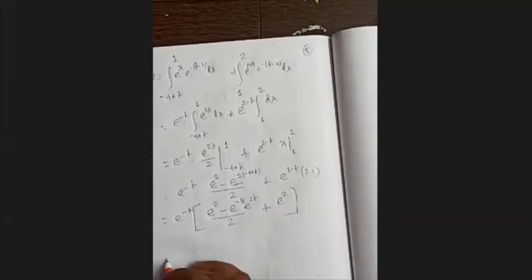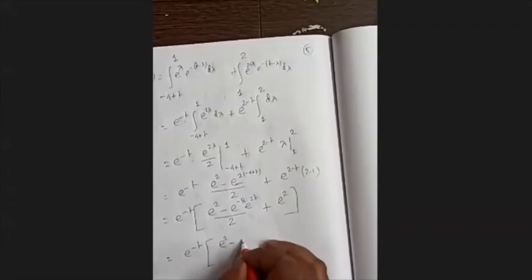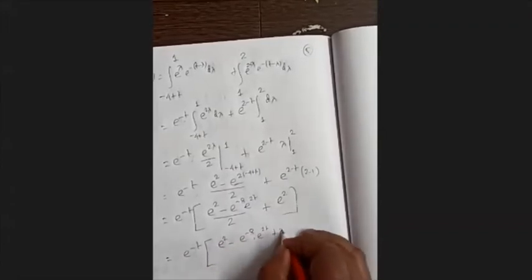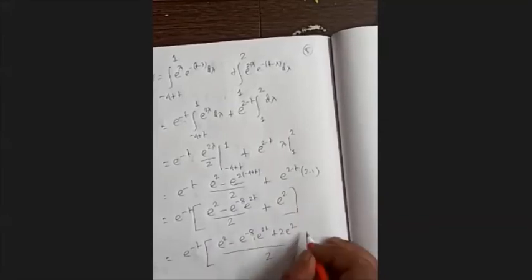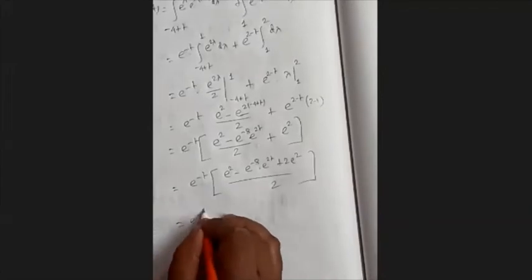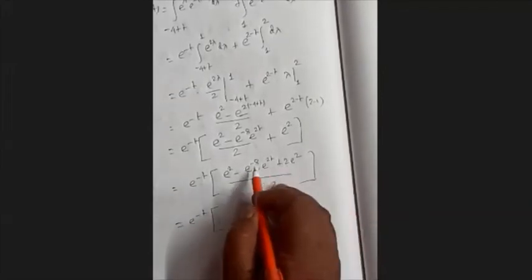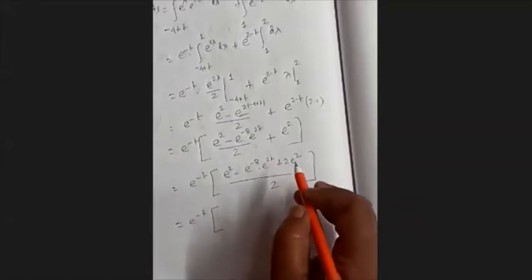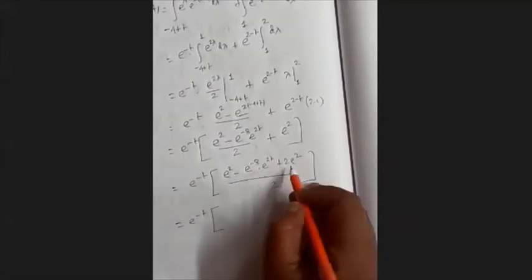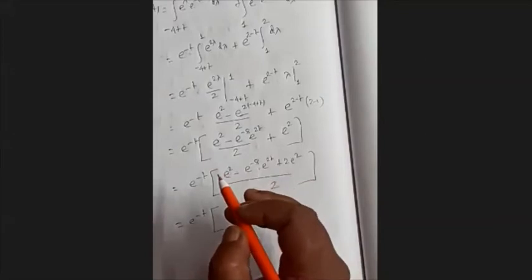Okay, or e to the power minus t. So e square minus e to the power minus 8, 2t plus 2 e square by 2. So 2 e square plus 3 e square, 3 e square it will be.